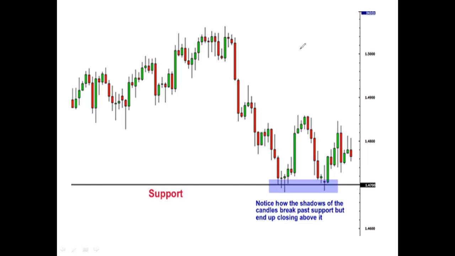Sometimes it is possible that price can close below the support or the resistance. Once the price or the candle closes below a support or closes above a resistance, then we can say the support or the resistance is broken.